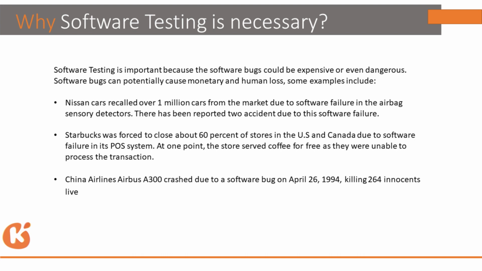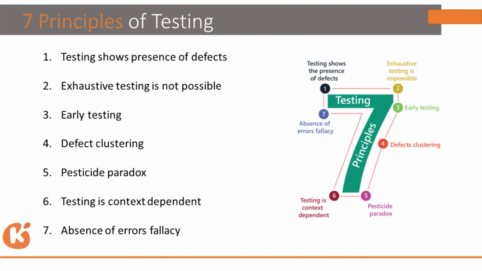To prevent all of those kinds of losses in the real world, we do software testing before launching the product into the market. This is why software testing is very much important, very much needed, before launching the product.